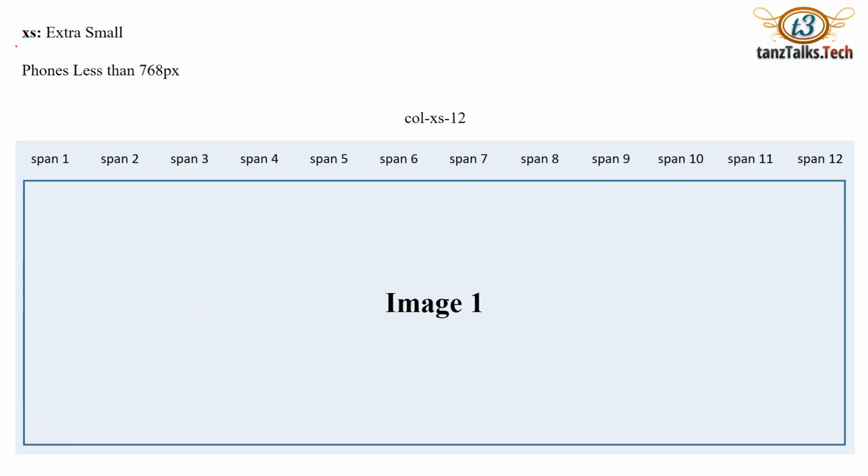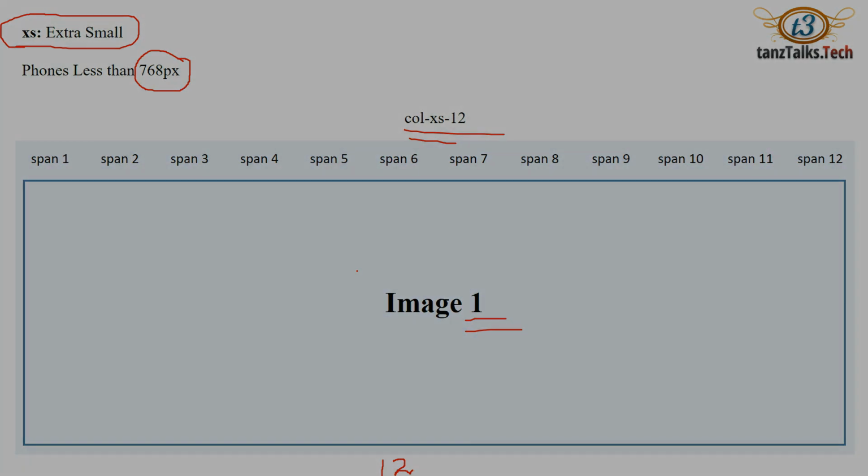Then on the extra small screens, which are the mobile phones with the screen size less than 768 pixels, I'm using col-xs-12. So this divides the screen into one column, just single one, or we can say in small devices it will display only one image in a row.